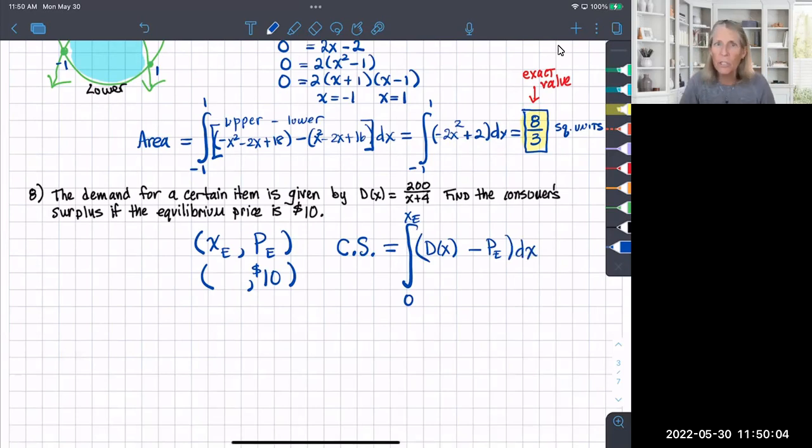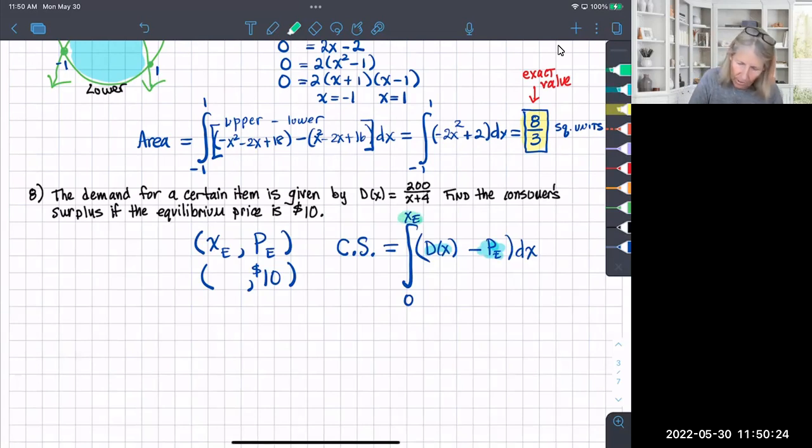It's how I've been demonstrating in the video as well. So I have most everything. I have the demand function. I've got the price at equilibrium, but what I need to find is this X value at equilibrium. I need the quantity at equilibrium.